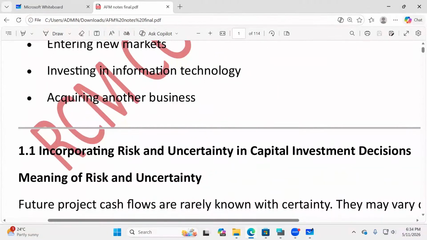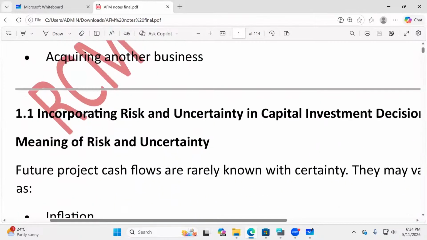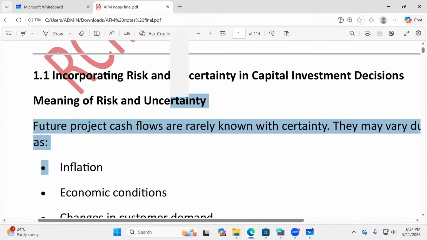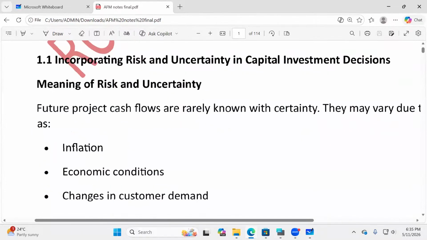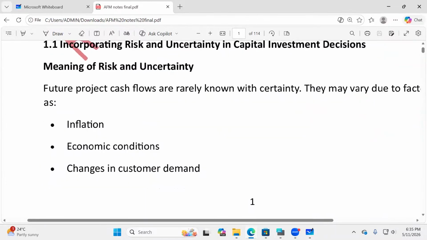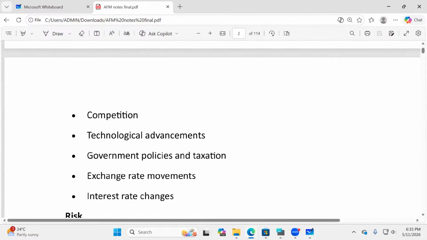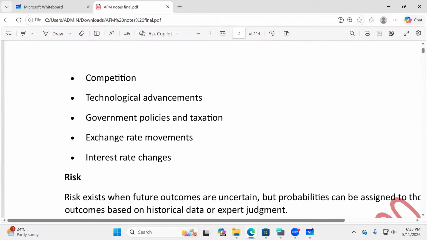Now we are looking at including risk and uncertainty. This we had already done. So what am I looking at? This thing is not moving the way I would want it to move. So this is what we are doing today.